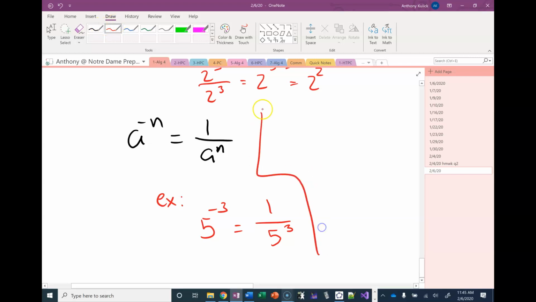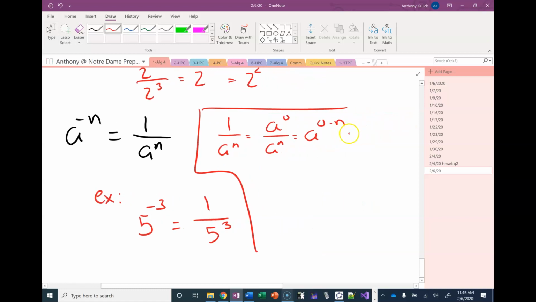As just a little aside, 1 over a to the n is the same thing as a to the 0 over a to the n, because anything to the 0 power is 1, right? And if I use my subtraction property, that's the same thing as a to the 0 minus n, which is just a to the negative n.